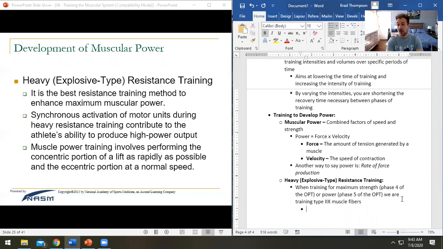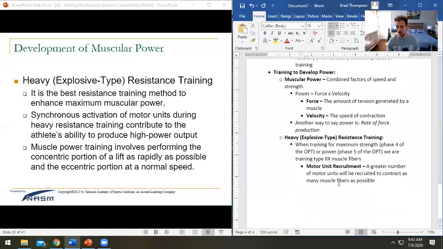These are the main concepts I want you guys to remember. You are going to work on motor unit recruitment, right? So a greater number of motor units will be recruited to contract as many muscle fibers as possible. So obviously we know that muscle fiber recruitment has a lot to do with strength, right?